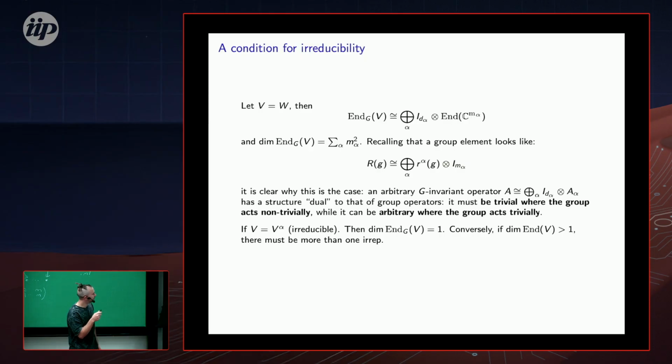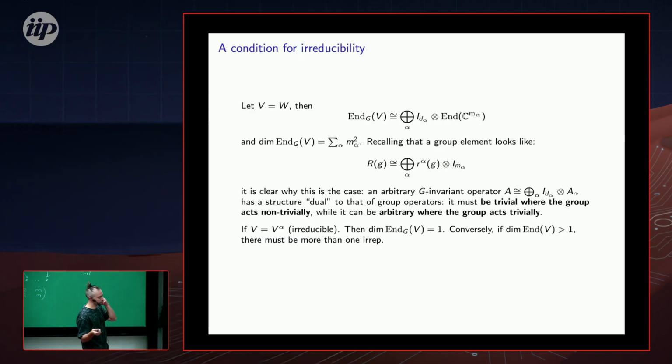If, in particular, B is irreducible, then we had this equation somewhere. Yeah, the dimension is just the sum over alpha of M alpha squared. But if there's only one M alpha that is 1 and the rest are zeros, the dimension is 1 squared, that is 1. So that's an easy way to test if a representation is irreducible. Compute the dimension of the commutant.